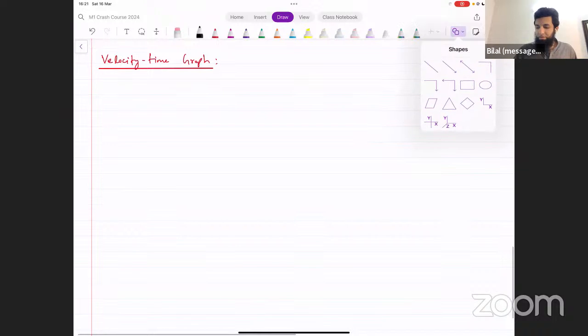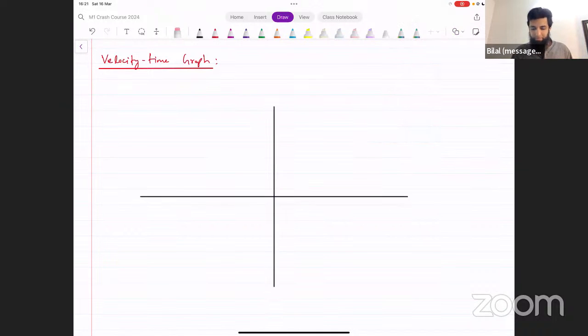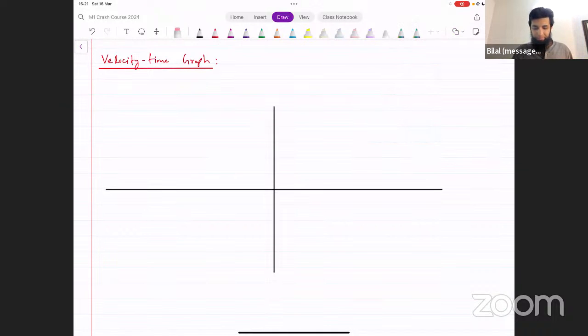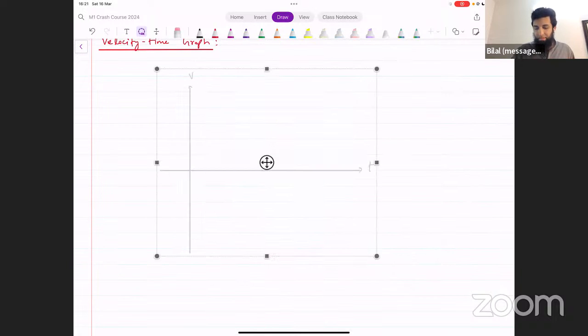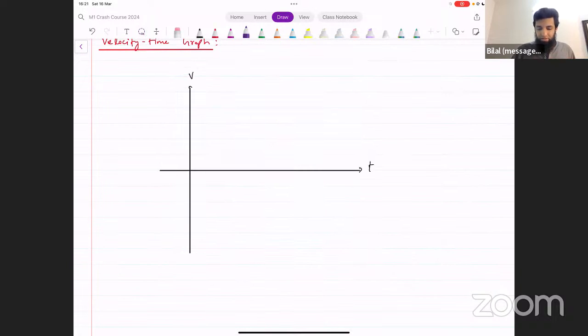Let me draw a graph here. We have velocity on the vertical axis and time on the horizontal axis. Let's say the graph looks something like this. The particle goes here, and then the graph becomes horizontal.